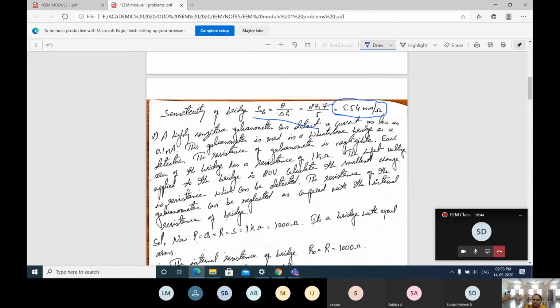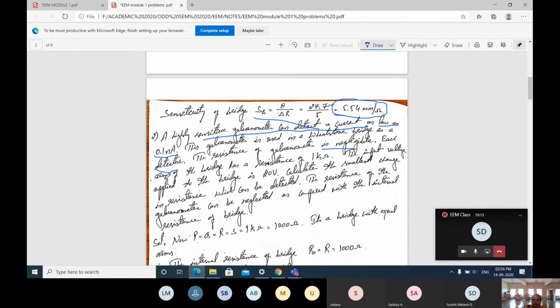A highly sensitive galvanometer can detect a current as low as 0.1 nanoamps. This galvanometer is used in a Wheatstone bridge as a detector. The resistance of the galvanometer is negligible.